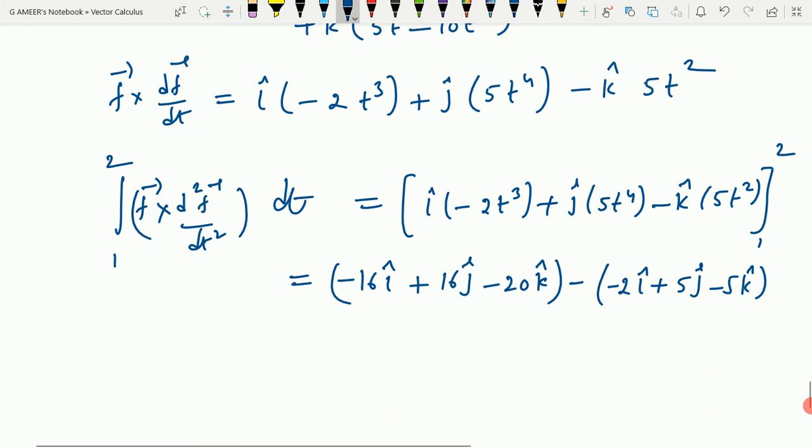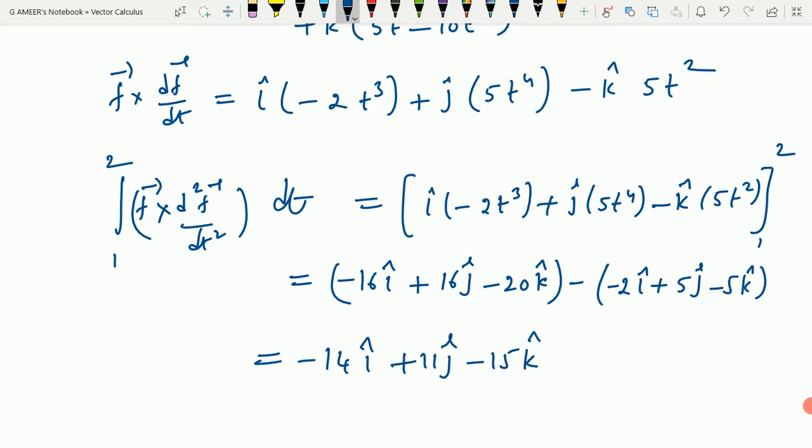Then with this, minus 16 and plus 2, that is minus 14 i cap, 16 j cap minus 5 j cap, plus 11 j cap, minus 20 k cap plus 5 k cap, minus 15 k cap. So this is what finally we got.